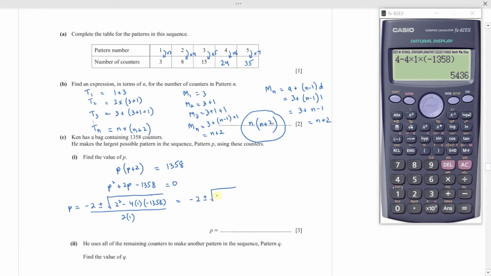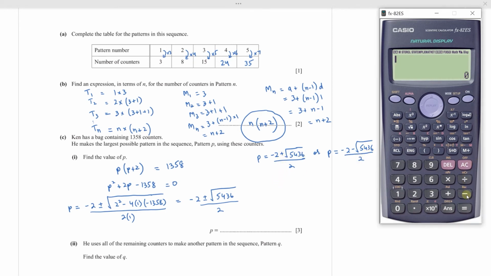So this is 5,436, divided by 2. Your P will be equal to minus 2 plus the square root of 5,436 divided by 2, or P will be equal to minus 2 minus the square root of 5,436 divided by 2.